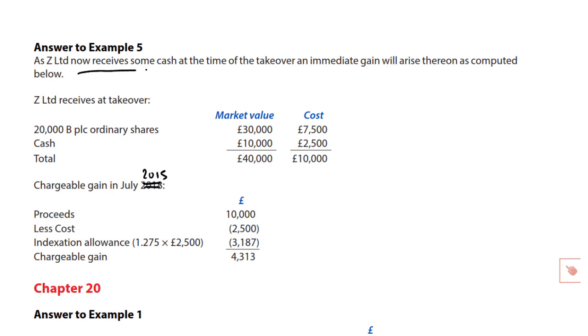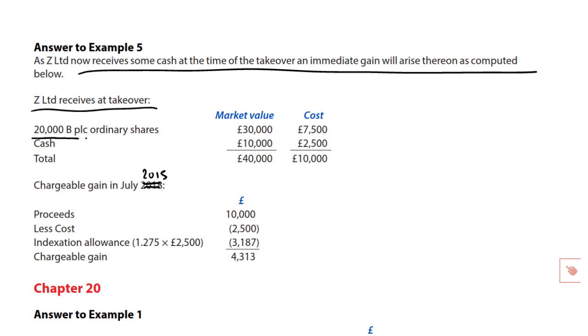As Z Limited now receives some cash at the time of takeover, an immediate gain will arise, computed as we see here. What did Z Limited receive at the time of takeover? The 20,000 BPLC ordinary shares that were valued at £1.50 equals 30,000. We got cash.